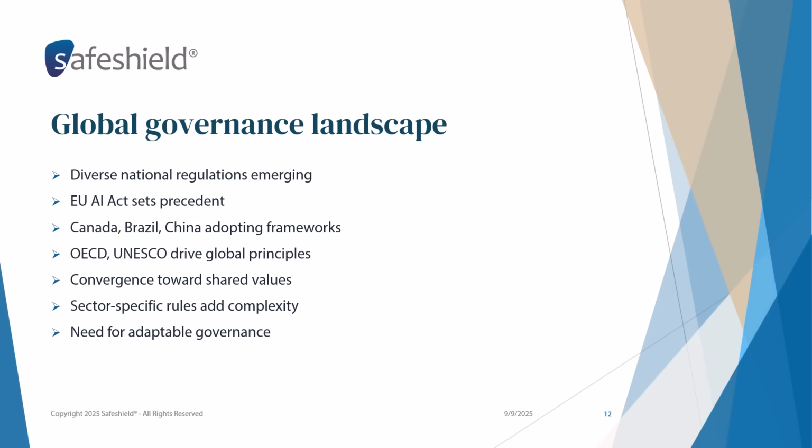Sector-specific regulations add another layer of complexity, especially in sectors like finance, healthcare, and critical infrastructure. To navigate this, organizations require governance systems that are both structured and flexible. Frameworks such as ISO 42001 and the NIST AI Risk Management Framework provide globally recognized baselines. They help organizations bridge regional differences while maintaining compliance.